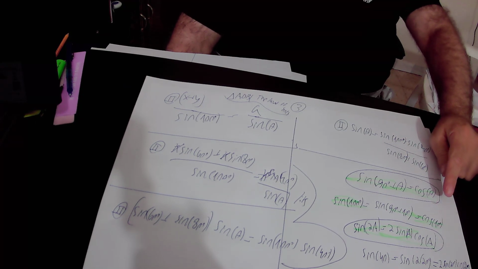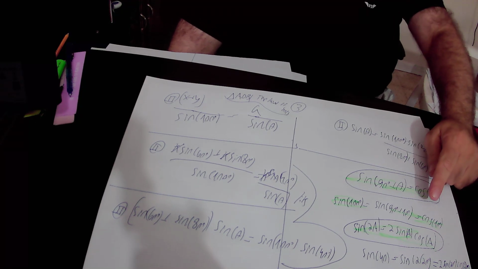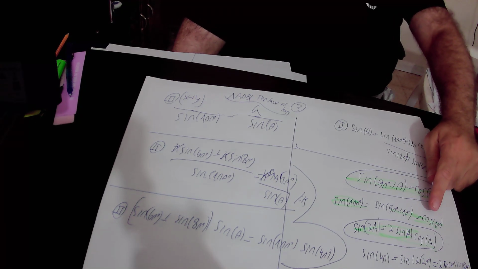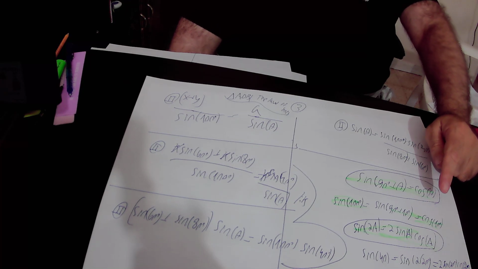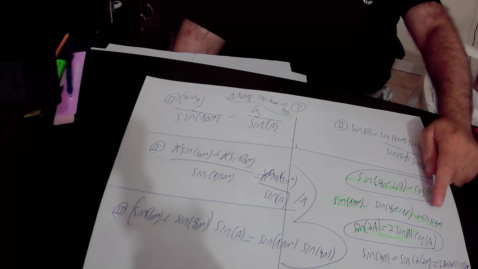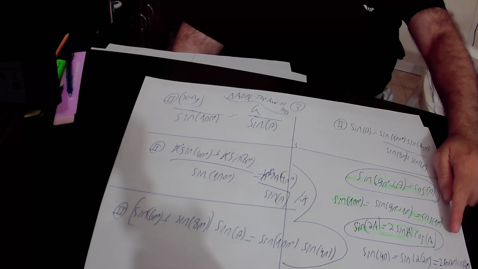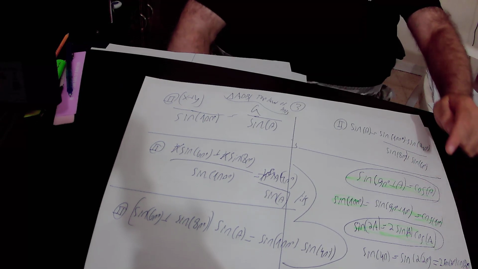And we have also the trigonometric identity that sine 2a equals 2 sine a cosine a. Sine 40 degrees is sine 2 times 20 degrees, and according to this identity, it will be equal to 2 times sine 20 degrees times cosine 20 degrees.